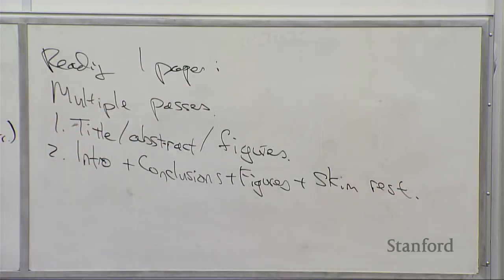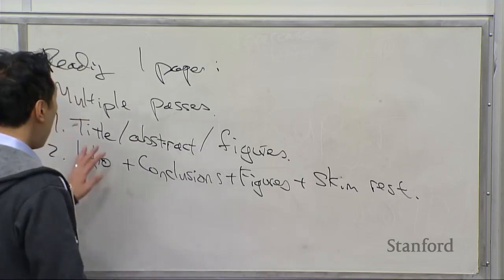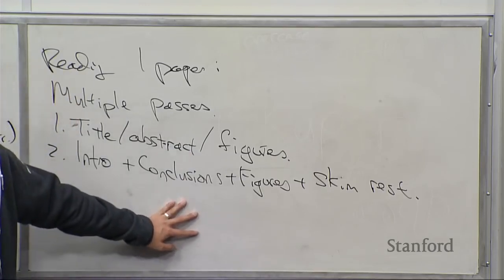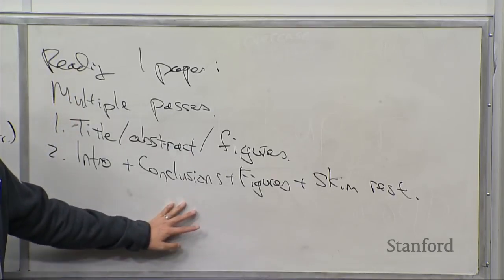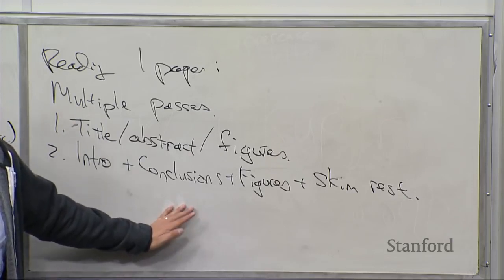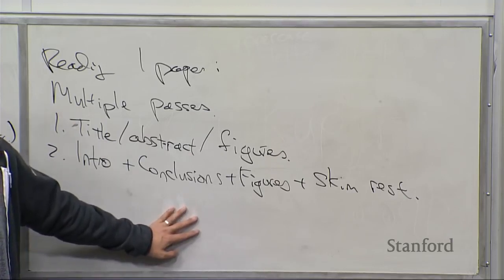I don't know how many of you have published academic papers, but part of the publication process is convincing the reviewers that your paper is worthy of acceptance. And so what you find is that the abstract, intro, and conclusion is often where the authors try to summarize their work really carefully to make a really clear case to the reviewers for why they think their paper should be accepted for publication.